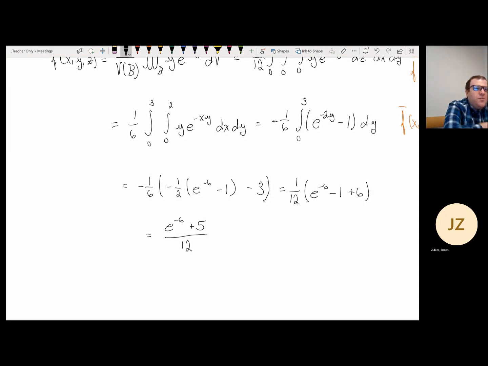That gives e to the negative 6 plus 5, all over 12, or if you don't like the negative exponent, 1 plus 5 e to the 6 all over 12 e to the 6. Integrating negative 1 with respect to y. And there's our average value.